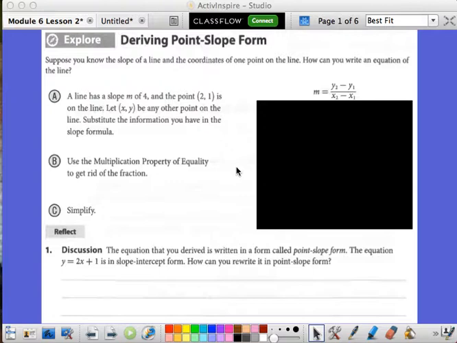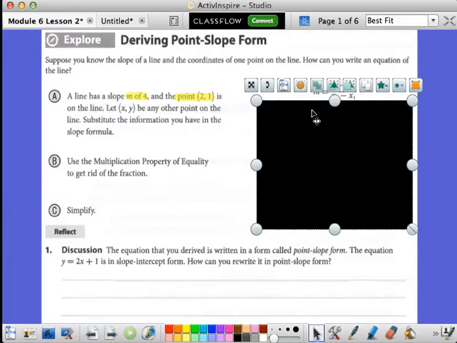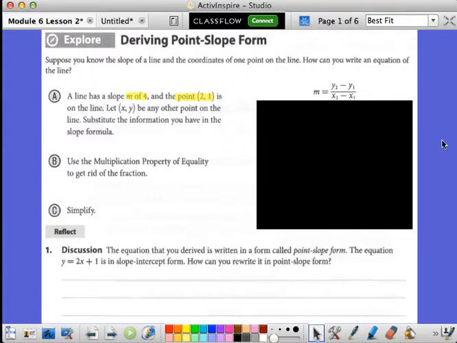First of all, we're going to take a look at this first explore problem, deriving point slope form. We have a line that has a slope of 4, so m of 4, and we have a point of 2, 1. We know the 2 is our x and the 1 is our y. So we can find the slope by doing y2 minus y1 over x2 minus x1.